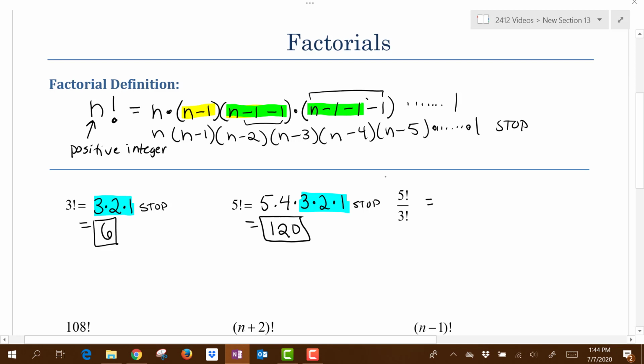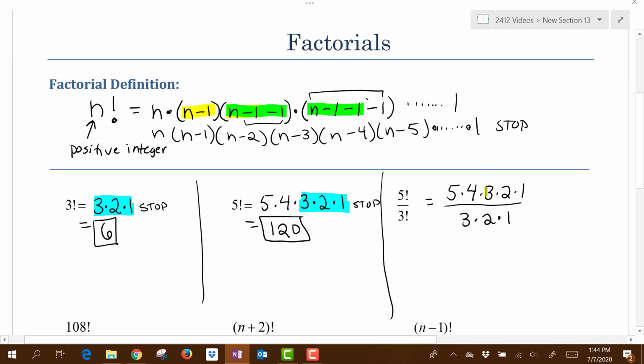Okay, now it becomes a little more interesting when we get to something like a fraction. 5 factorial divided by 3 factorial. So if I do the factorial expansion at the top, 5 factorial will be 5 times 4 times 3 times 2 times 1. Then at the bottom, 3 factorial is 3 times 2 times 1. Now typically when we look at fractions, we like to cancel common factors.